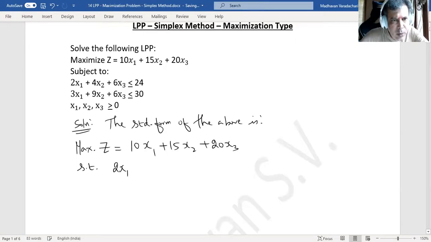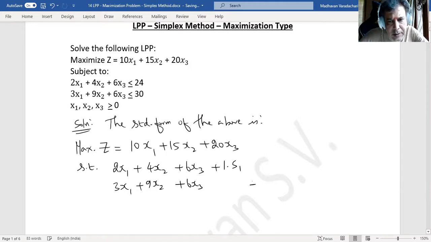2 times x1 plus 4 times x2 plus 6 times x3 plus 1 times s1. The second one is 3x1 plus 9x2 plus 6x3 plus 1 s2, no s3, sorry, no s1 here, only s2, and I can equate these to 24 and 30.